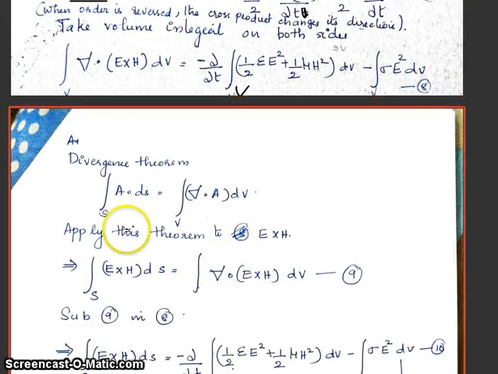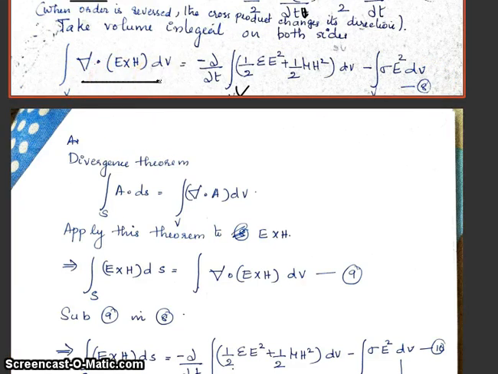Now coming to the divergence theorem: if A is any vector, the surface integral of A dot dS is equal to the volume integral of del dot A dV. Now I am going to apply this theorem in equation 8. Here it is del dot E cross H dV.